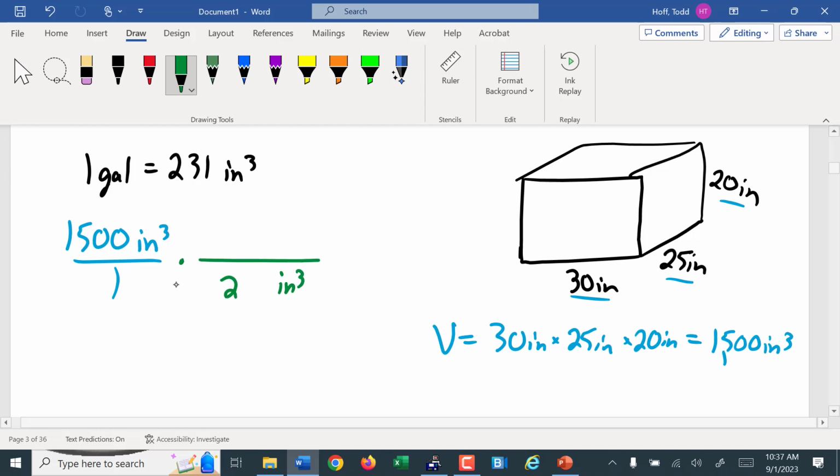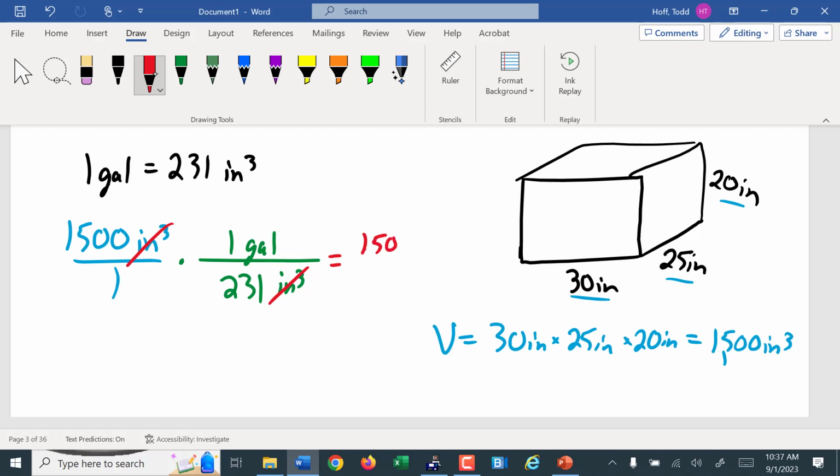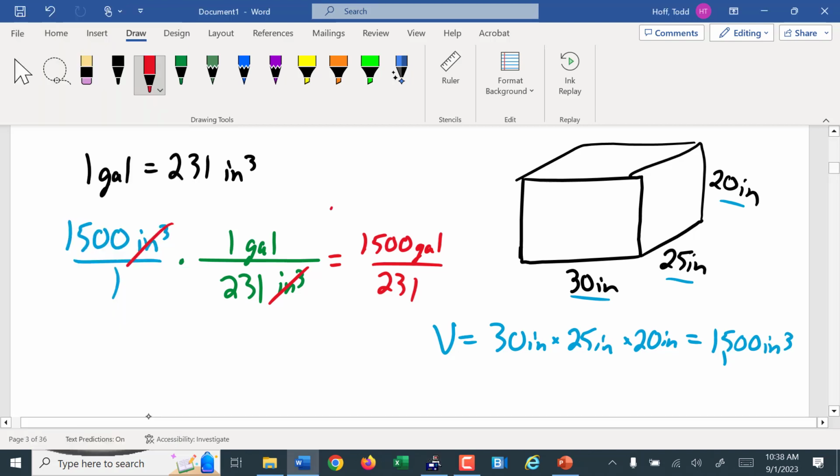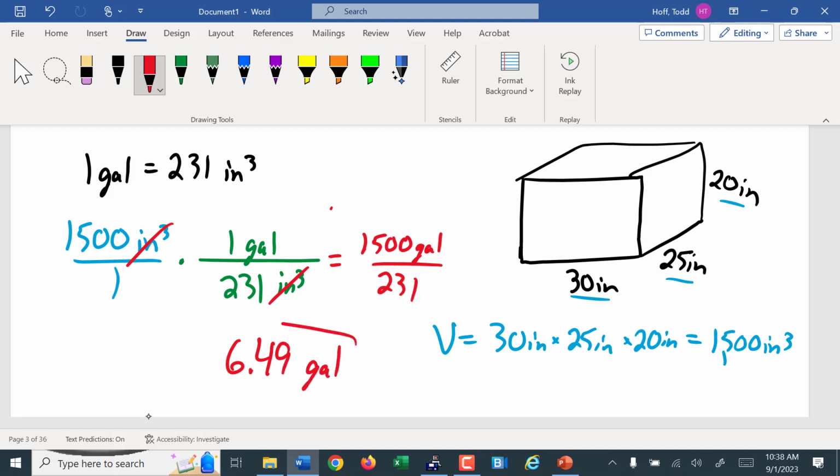Cubic inches on bottom, 231 cubic inches is approximately 1 gallon. And the cubic inches will cancel out. And of course, we need to divide that out, which gives us approximately 6.49 gallons. That's about 6.5 gallons.